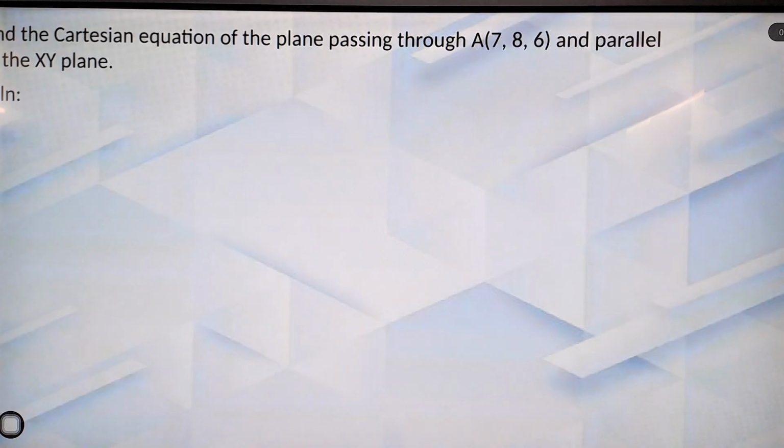Find Cartesian equation of plane passing through A(7, 8, 6) and parallel to xy plane.